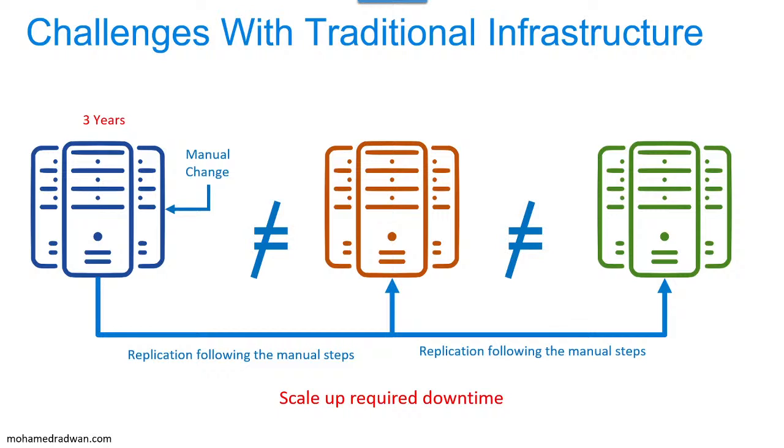So scaling up requires downtime. No way around it, because we couldn't replicate the environment or the infrastructure. And again, if I want to upgrade, there is no way except downtime, which is again a big problem. So, the vicious circle of manual process.